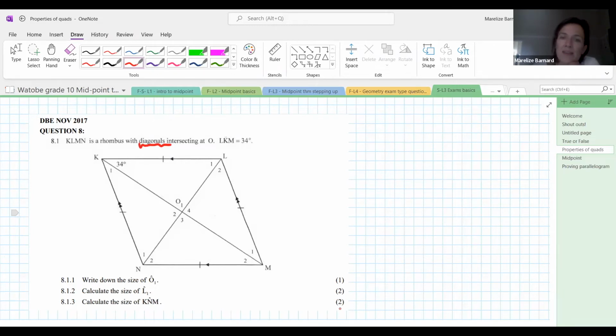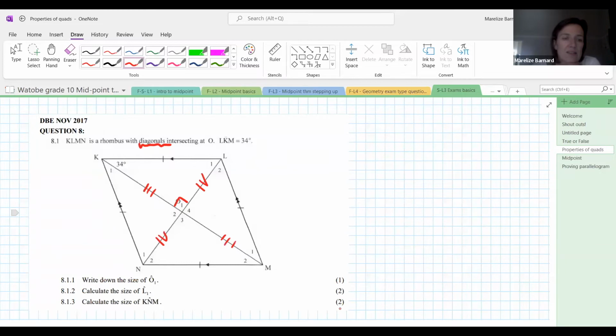Yes, they bisect at 90 degrees. So all the angles here, O1, O2, O3, O4, those are all 90 degrees. And it's 1, 2, 3, 1, 2, 3, because they bisect. Okay, and we've got that angle there, LKM is equal to 34.